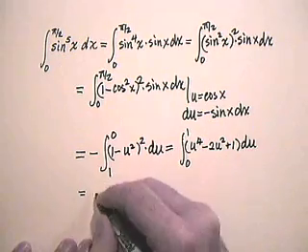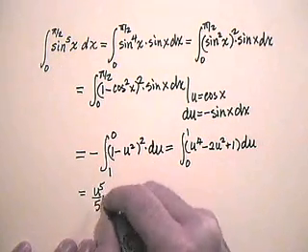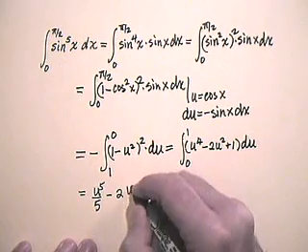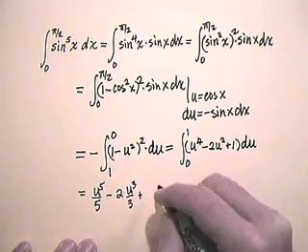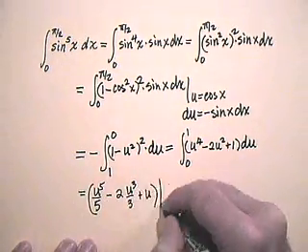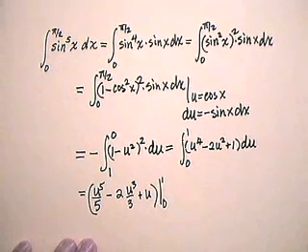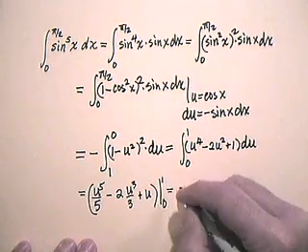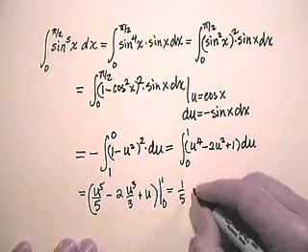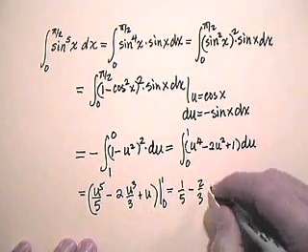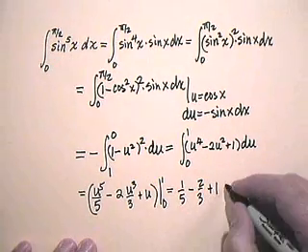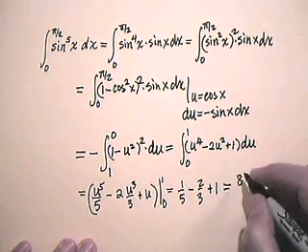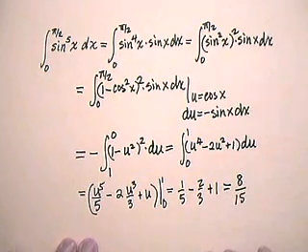We have u to the 5th over 5 minus 2u cubed over 3 plus u, evaluated from 0 to 1. We get 1/5 minus 2/3 plus 1, and that is simply 8/15.